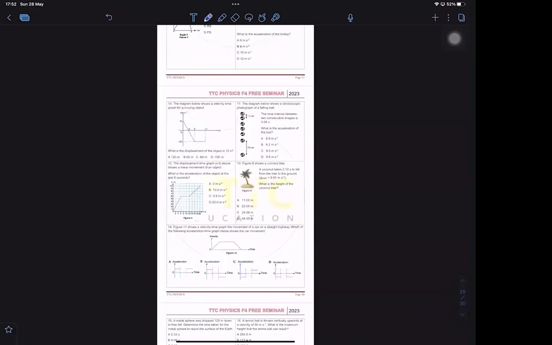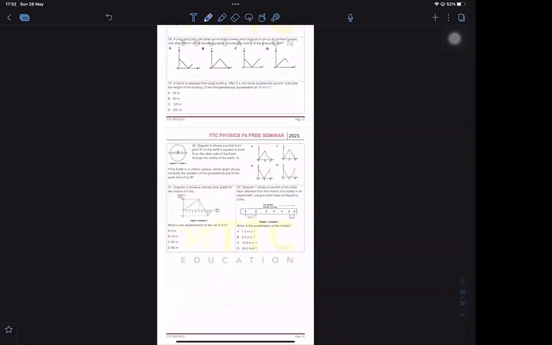At the bottom here, there are some objective questions. So I will give you the answers for the objective questions first, so at least you can do these first without needing the answers yet.